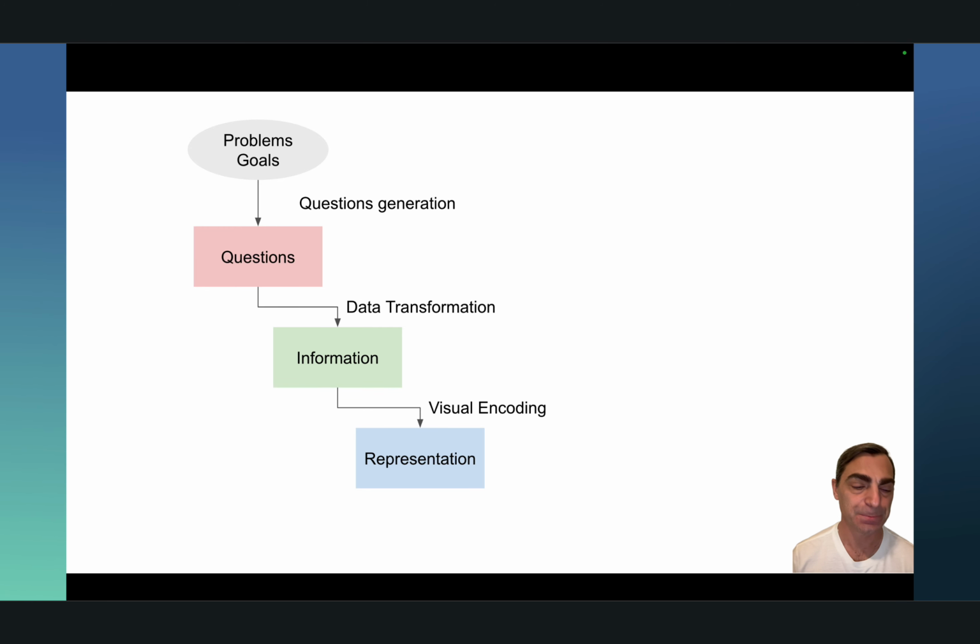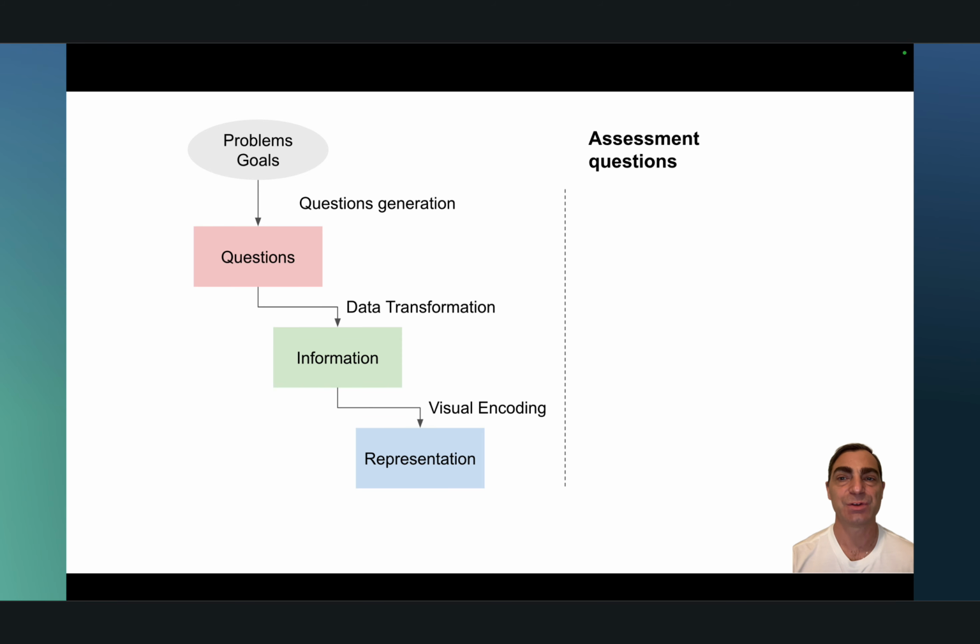So, one important aspect of this diagram, of this set of steps, is that every step represents a moment where you can evaluate something about your design decisions. So let me show you what these are. You have 3 assessment questions.